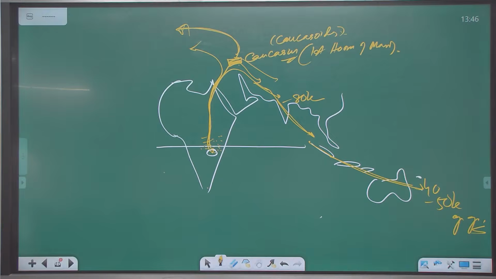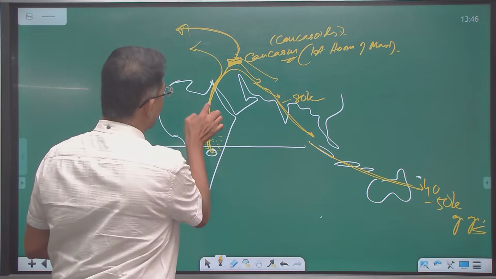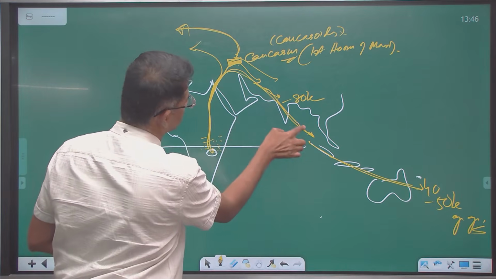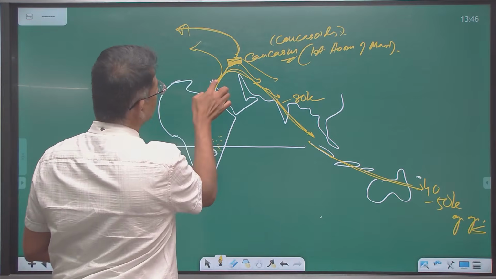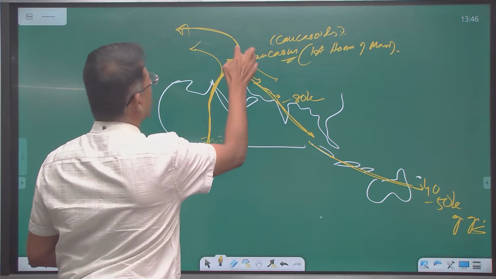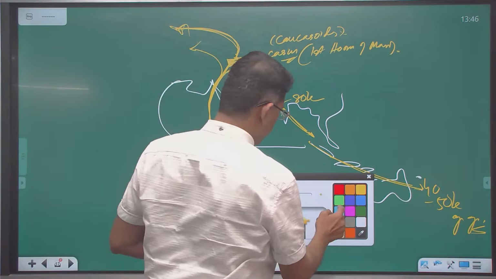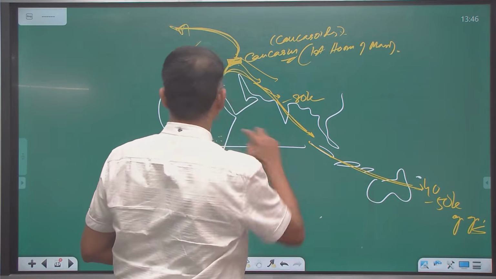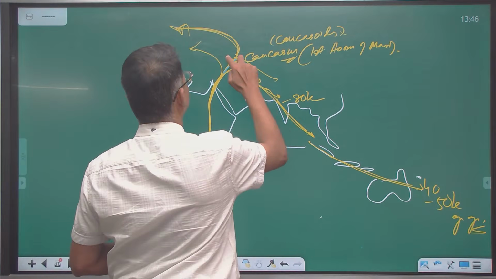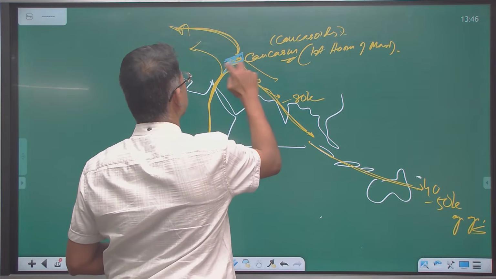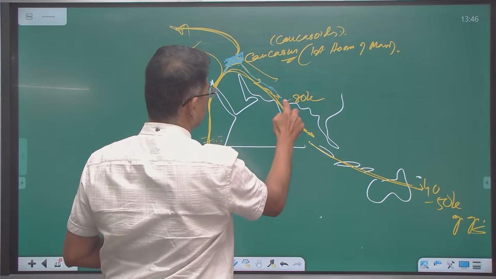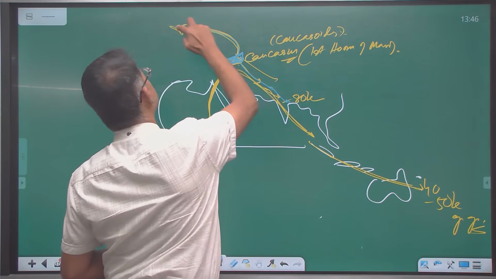Draw it, then I'll give you some pointers on this. You can see one branch coming straight like this, not going here, one going here and also going like this. Maybe I should use another color. From here one is coming like this, one is going like this.